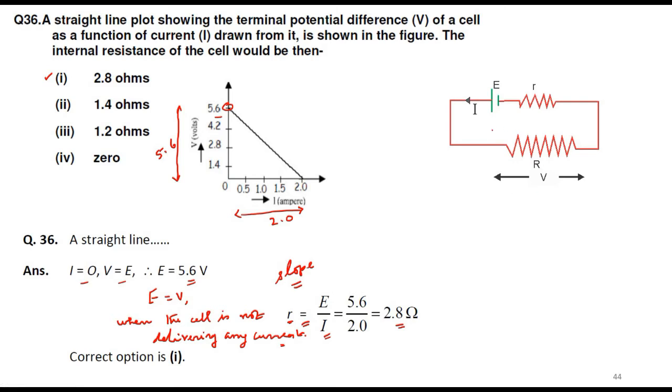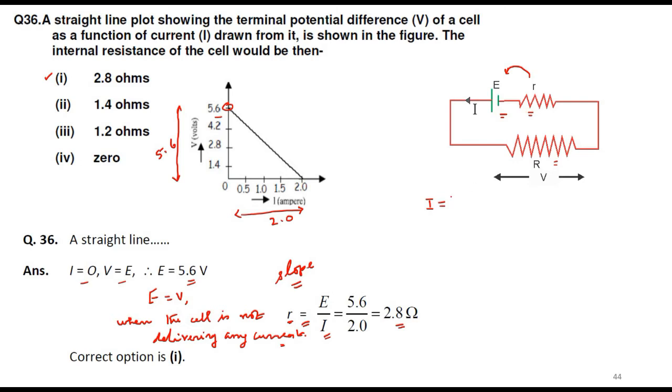See, this is the circuit meant here. Battery, internal resistance small r, external resistance capital R, and there is a current I in the circuit. By using Ohm's law, please remember, always the internal resistance, though inside the cell, for circuits we will draw it outside the cell, in series with the cell.